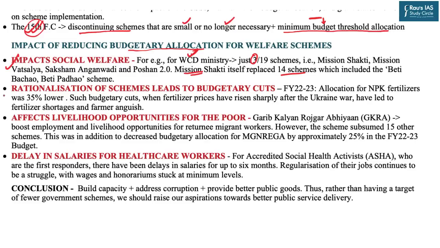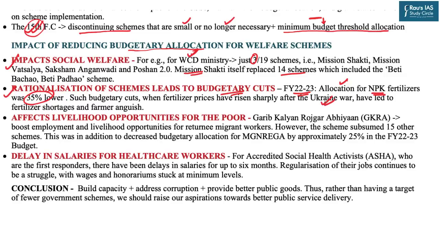Second, it has focused on the budgetary cuts also. It says that in the financial year 2022-23, the allocation for the NPK fertilizers, that is nitrogen, phosphorus and potash fertilizers, was lowered by 35%. But this reduction in the fertilizer subsidy was coterminous with the Ukrainian war.